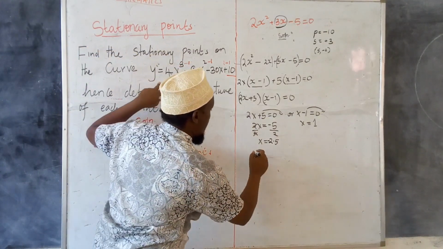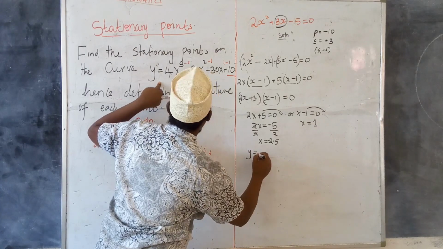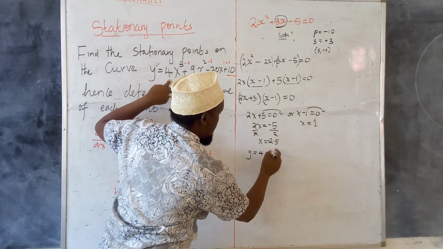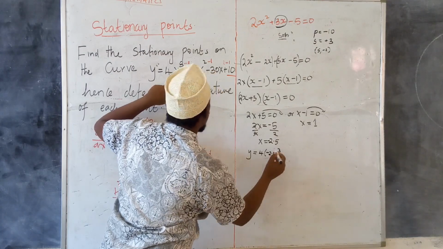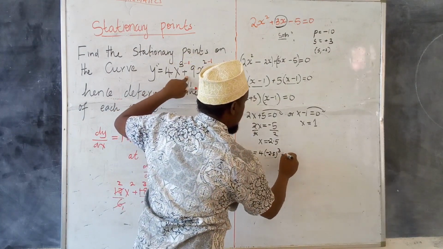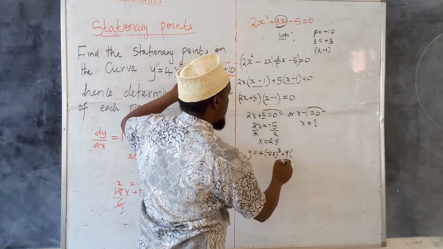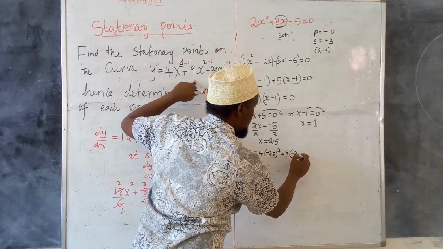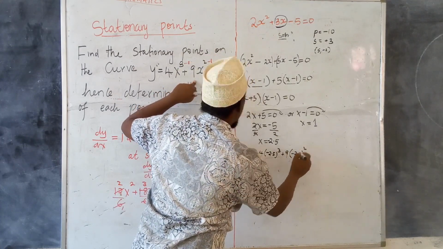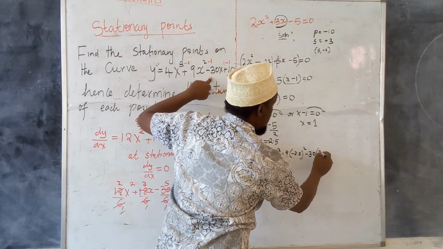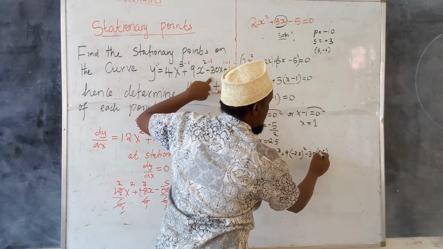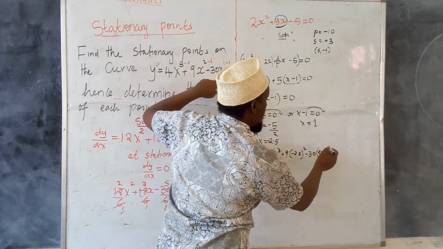So for example, we have y equals 4x cubed, and x is negative 2.5 cubed, plus 9x squared, and x is negative 2.5 squared, minus 30x, and x is negative 2.5, plus 10.